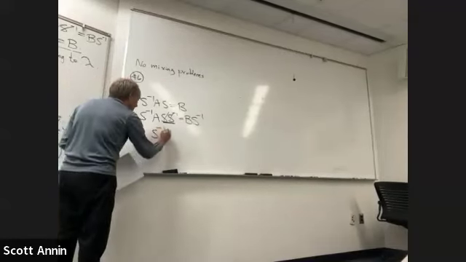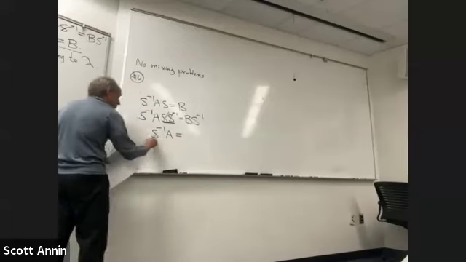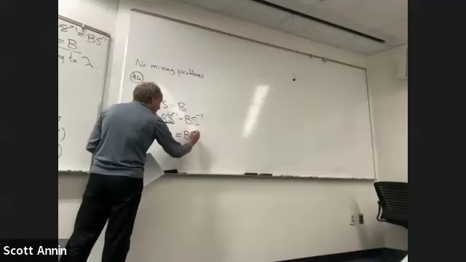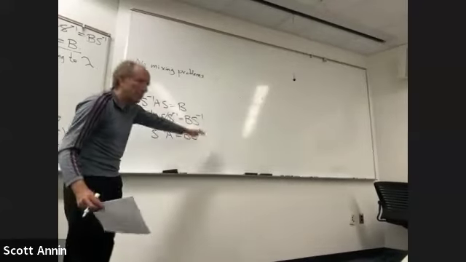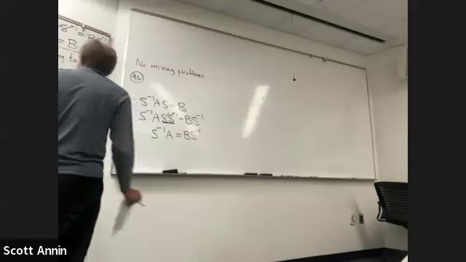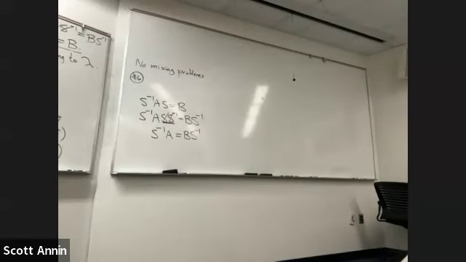All that's left on the left is S inverse times A, and all that's left on the right is B times S inverse. So all I did is take this B times S inverse and change it into S inverse times A in this step. The V just comes along for the ride. It doesn't get affected, it's just being recopied down. Is that okay? Good question. That's fine.